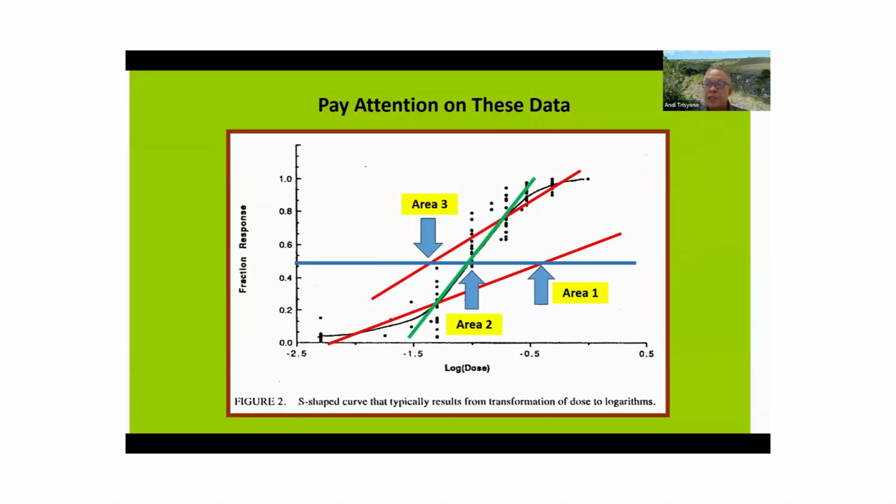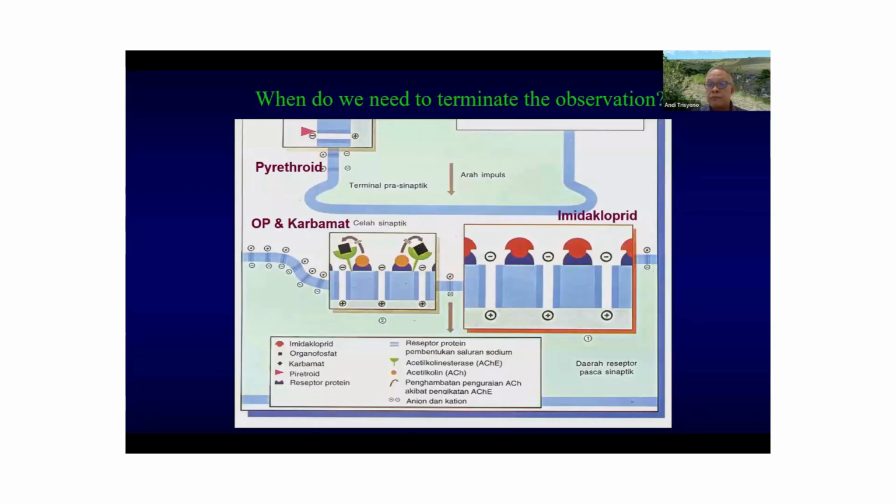The LC50 can be different, although the insecticide and the person doing the bioassay can be the same. But if the behavior of the data you submit to the probit is different, the result is going to be different. I think that's one principle we have to remember when we are doing the bioassay.